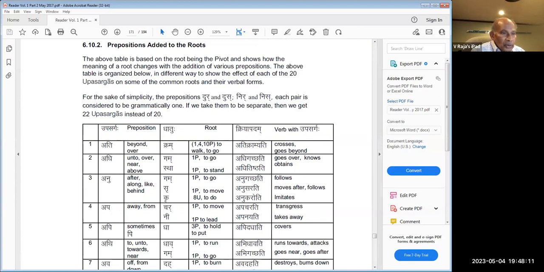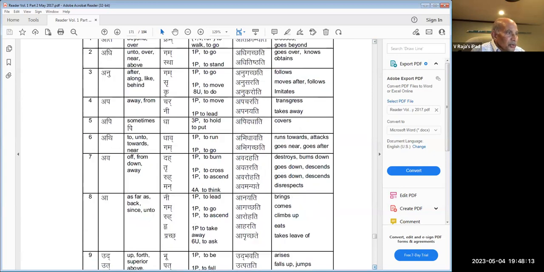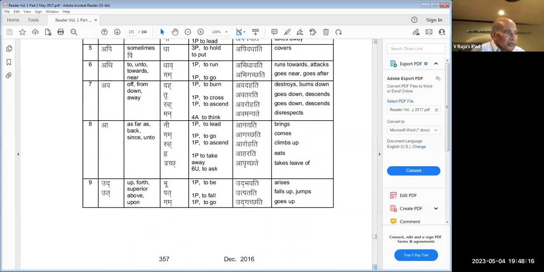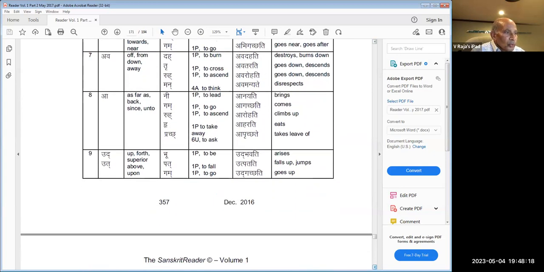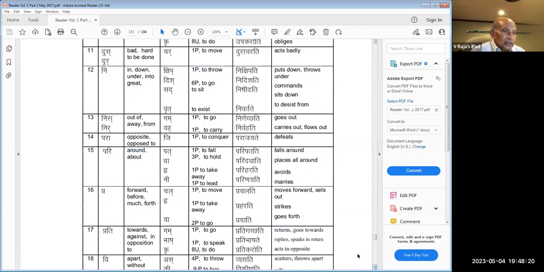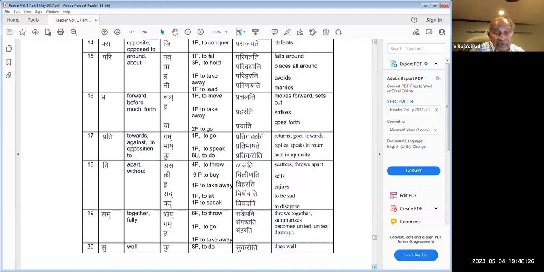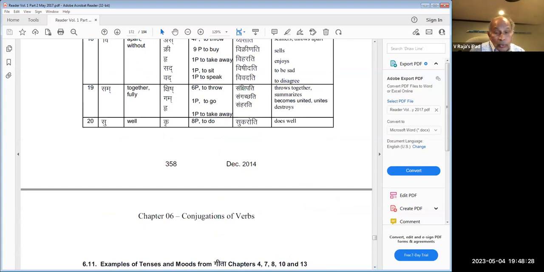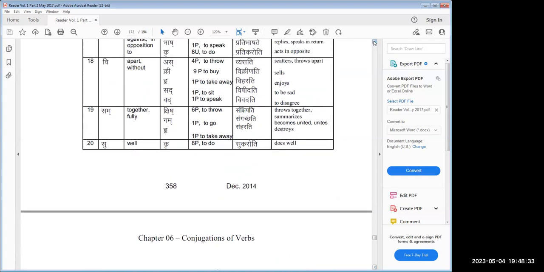So these are very interesting, and so I want you to browse through this. It took me a long time to compile this section, because I had to go through a lot of books. Oh, I'm sure, sir. I know.